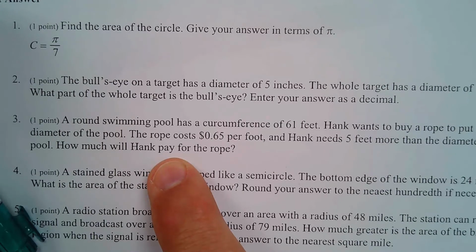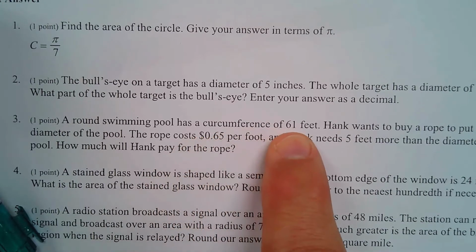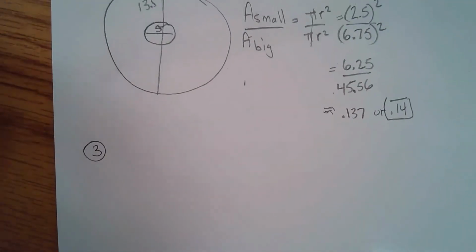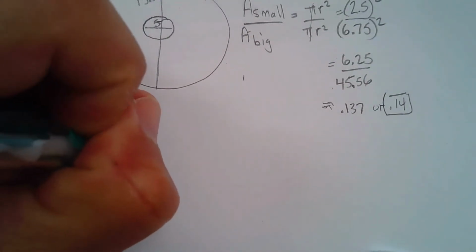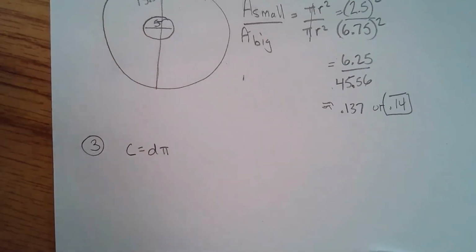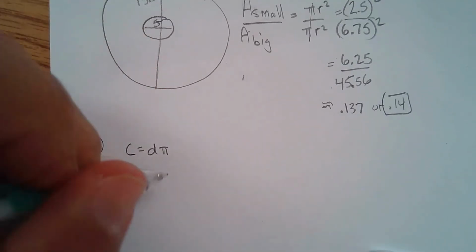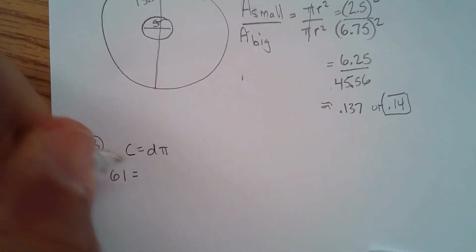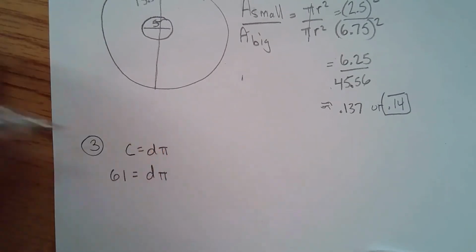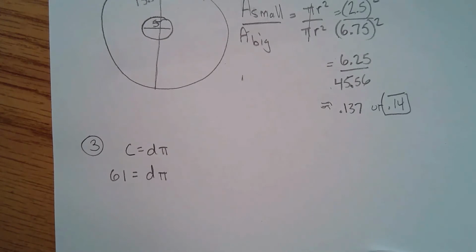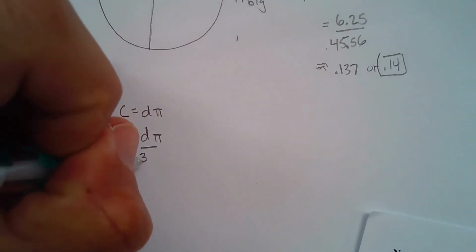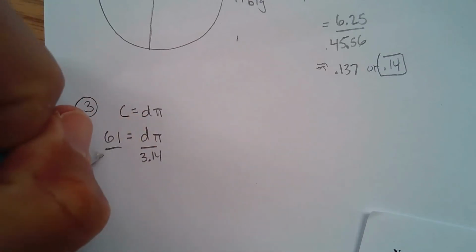Okay, well, the pool has a circumference of 61 feet. So going back to what is the circumference, that's diameter times pi. And so the circumference is known as 61 feet. So 61 is diameter times pi. Let's find out what the diameter is. We do that by dividing by pi, and I'll call that 3.14.